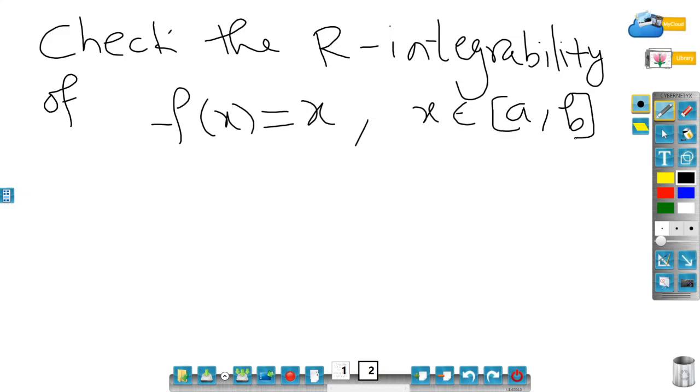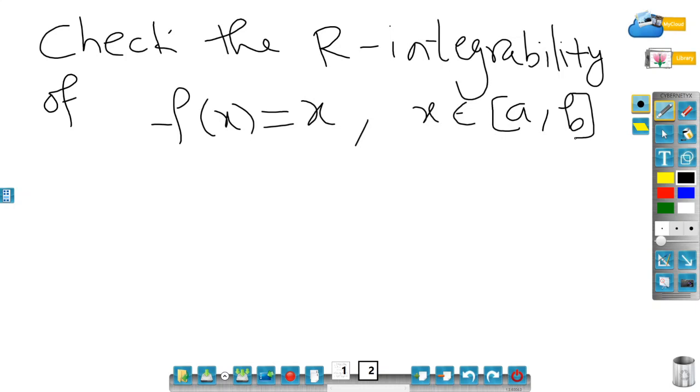You know, in the 12th standard, you know this is R integrable, and the integration of this is nothing but (b square minus a square) divided by 2. That is what the integration is.